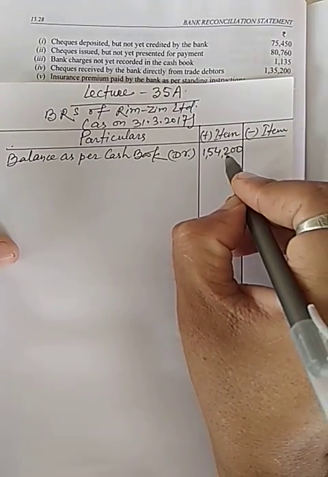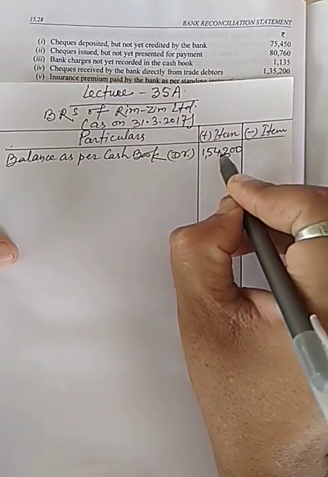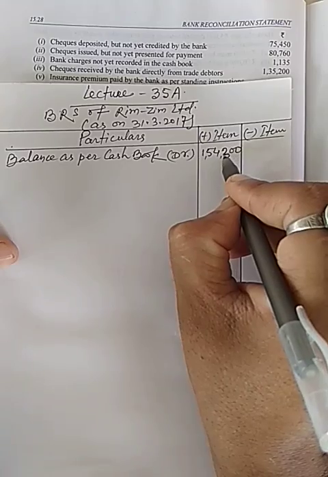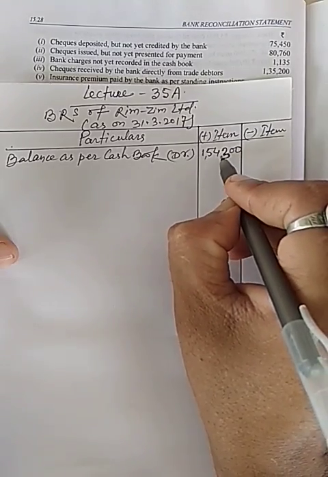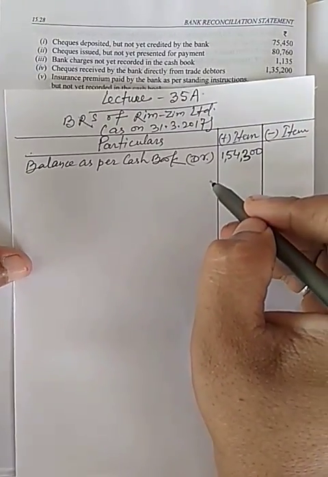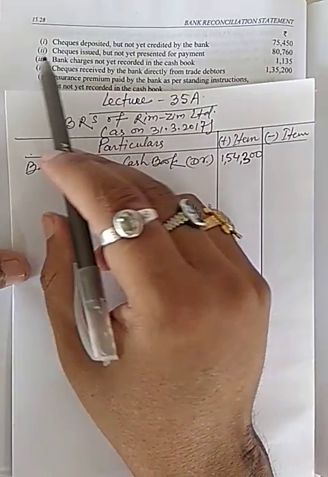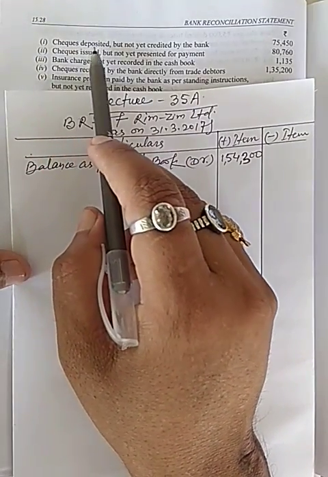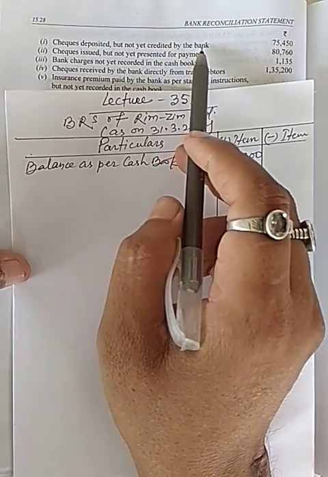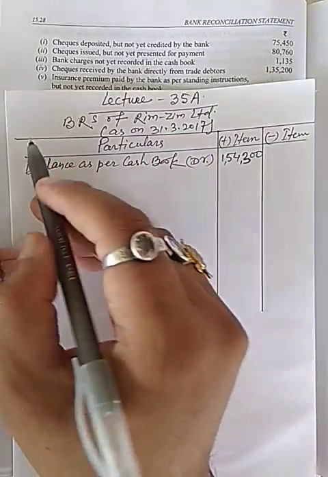Sorry student, this is 300. 1,54,300 is the given balance as per cash book. Now the first point is saying cheque deposited but not yet credited by bank.